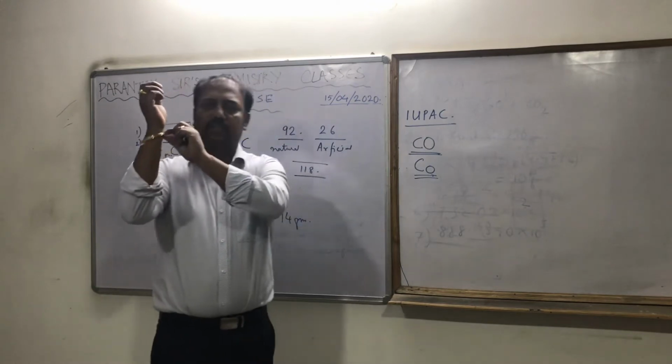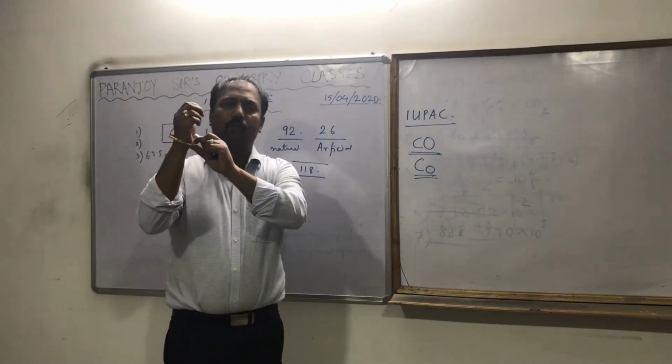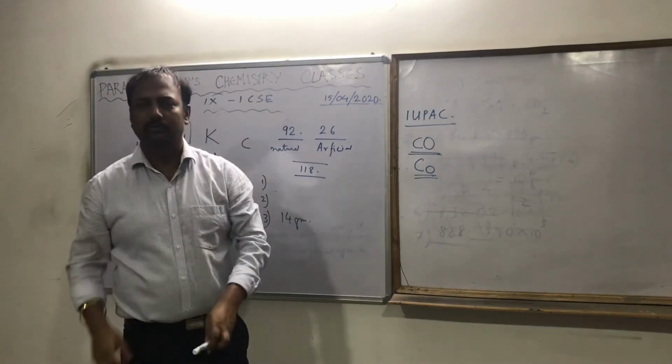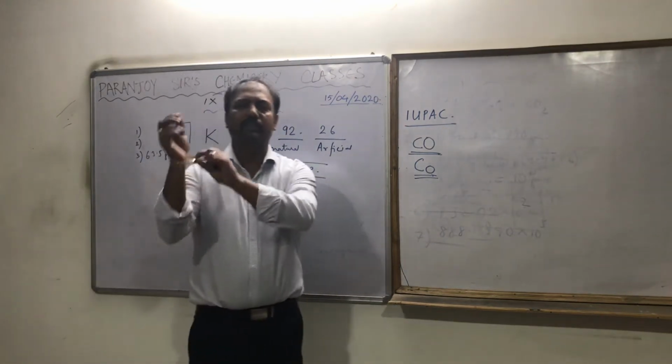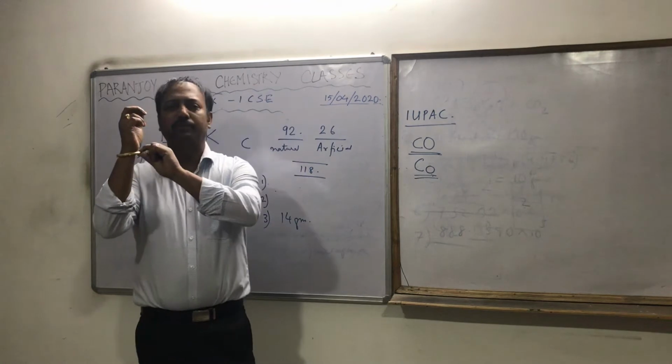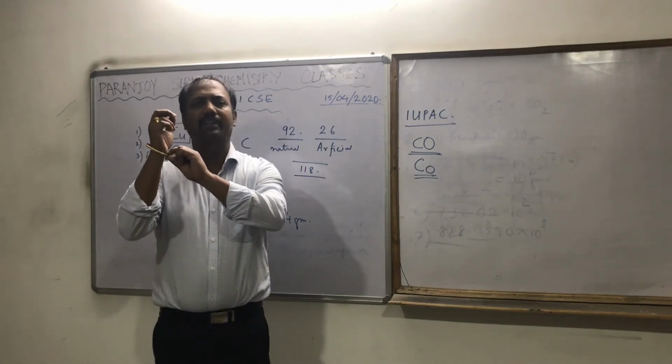My card. If I ask, you will say gold. No, now onwards you won't say gold. What you will say, that will be very easy to understand. You will say, sir, it's Au. So you can very easily remember that because you have the concept clear.